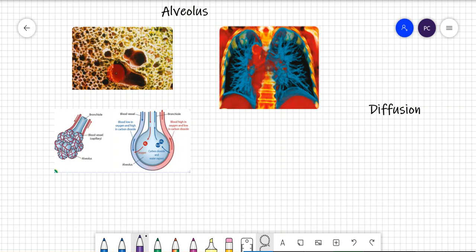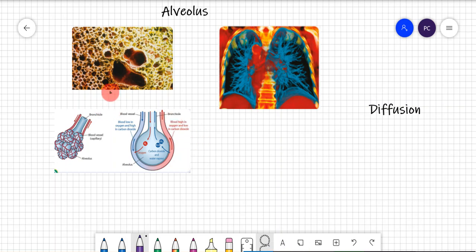So if you have a look at this here, this is actually an image of an alveolus. You can see here that this is just a tiny section of a piece of lung like this, and there are millions and millions of these tiny air sacs in here, and you're going to have millions and millions of capillaries surrounding these air sacs as well.